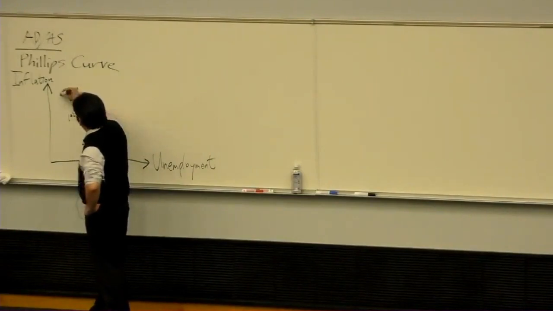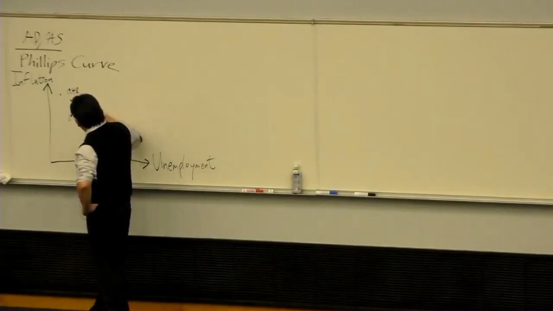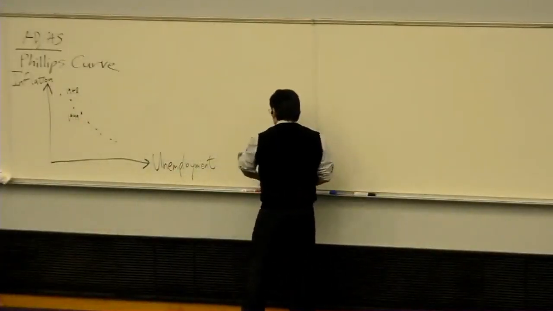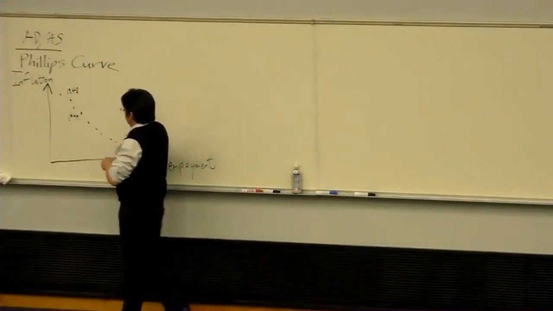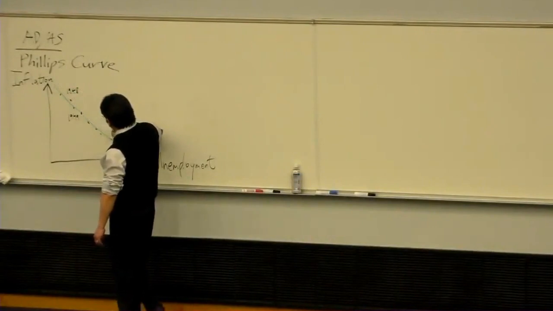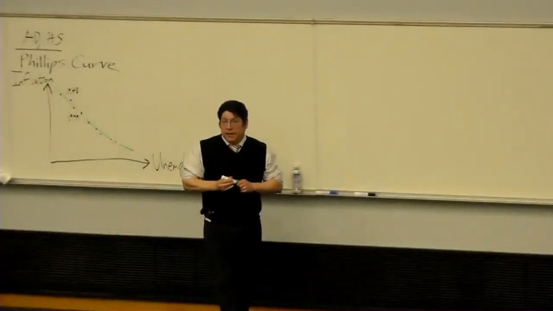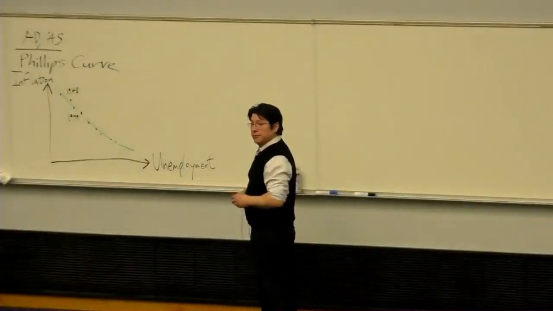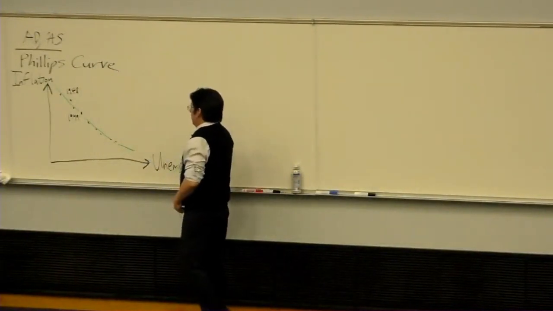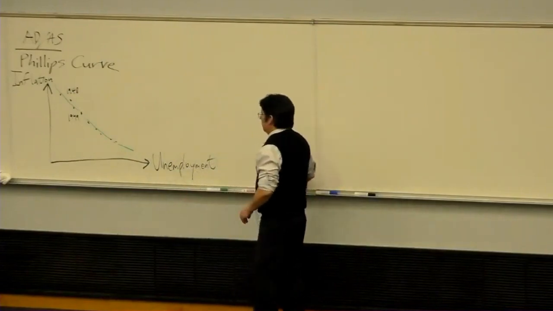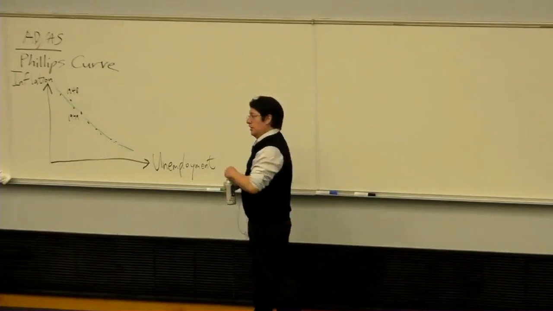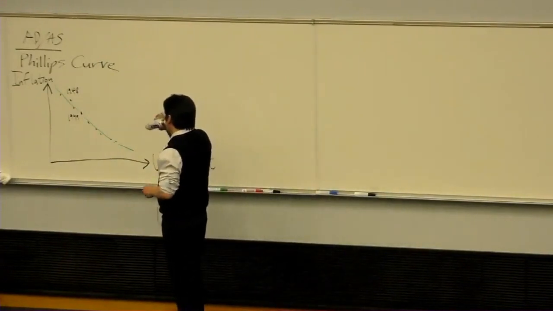And so on. And we do that for the different years for which we have data. And what Mr. Phillips discovered was that you could draw basically a line through all these points. And it was a downward sloping line. So this is the Phillips curve. It's a negative relationship that we observe, or at least that he observed back then, between inflation and unemployment.